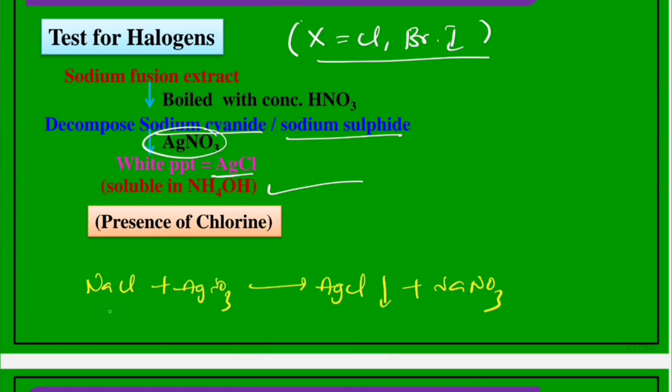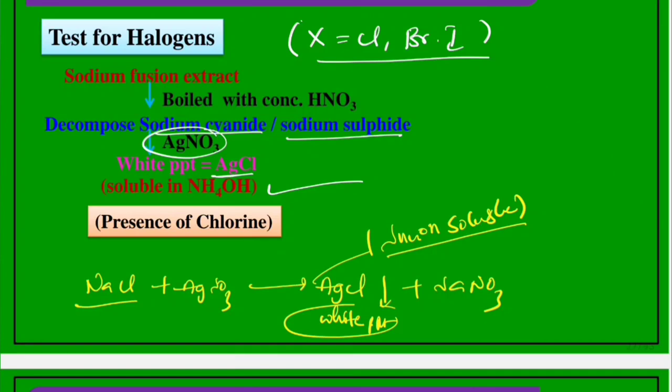Sodium chloride with silver nitrate solution forms AgCl, a white precipitate. The white precipitate is soluble in ammonium hydroxide. It indicates the presence of chlorine.